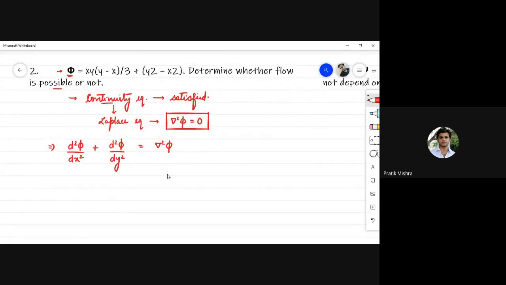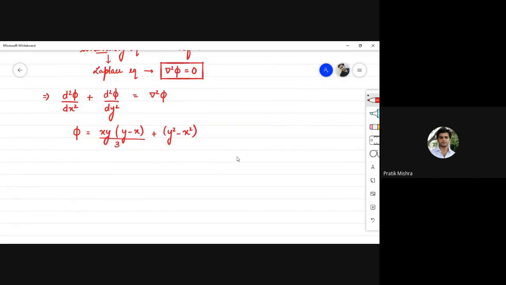First of all, we will write phi is equal to (xy square minus x square y) divided by 3, plus y square minus x square. So first of all, determine the first derivative of phi with respect to x.